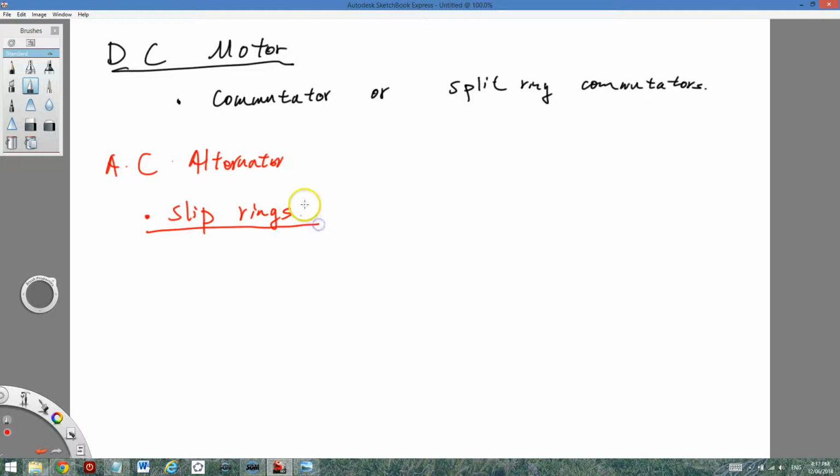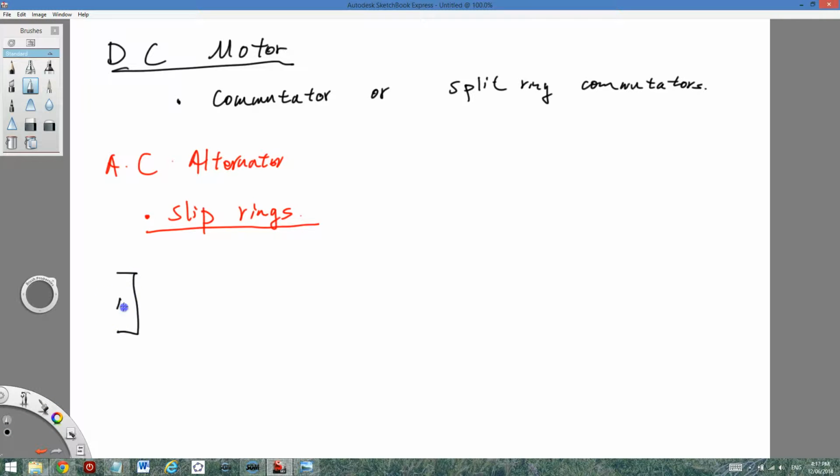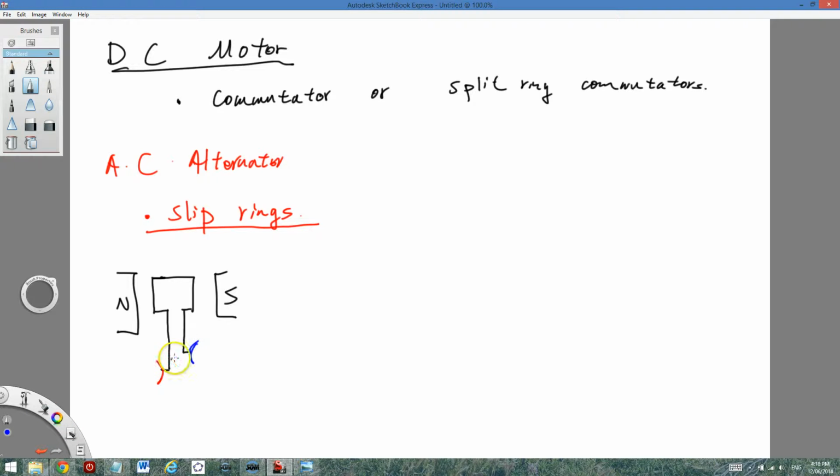In an explanation question, if they ask you what slip rings do, the best way I found is to sketch a graph and label it. That's the ring, and label those points on it.